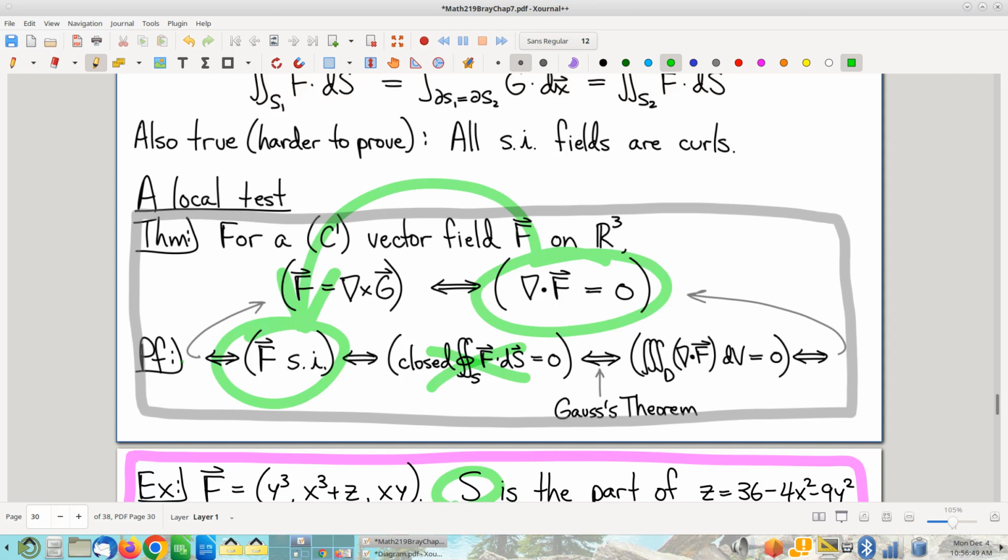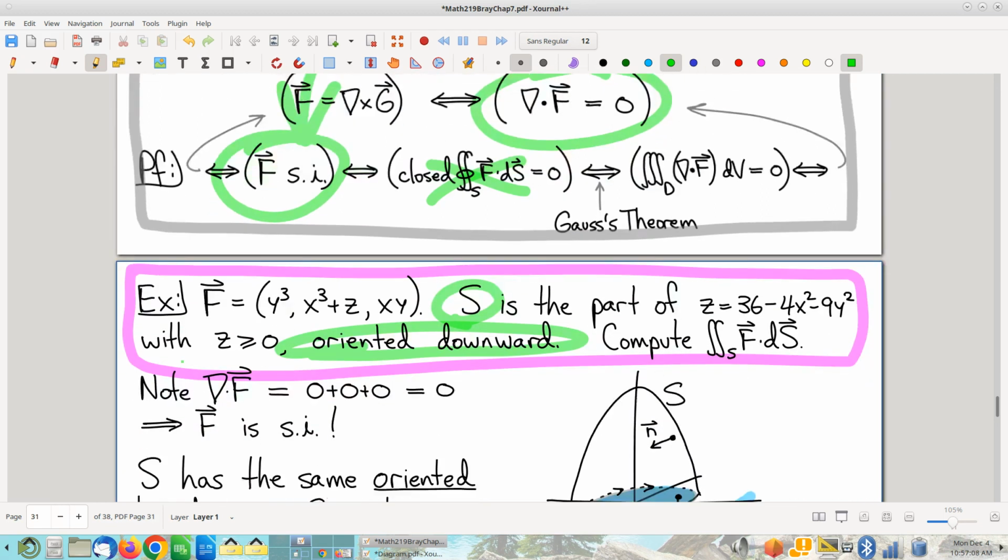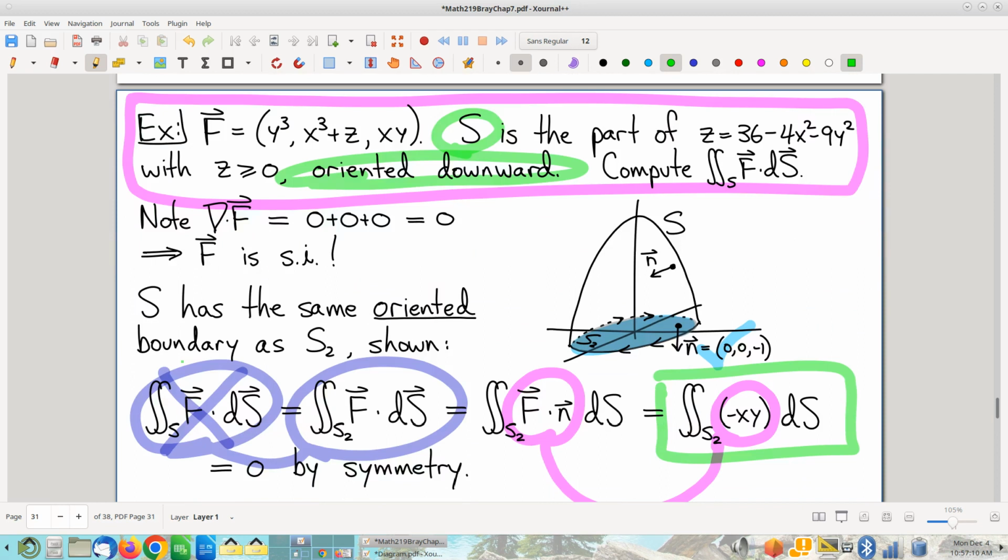So all this business about changing your surface, that's only for the rare vector fields that are actually surface independent. And so this part of the argument is very important. Gotcha. And since it ended up being 0 anyway, is that implying that maybe it was fair for you to use that closed surfaces would be 0 anyway? No, because this isn't a closed surface.